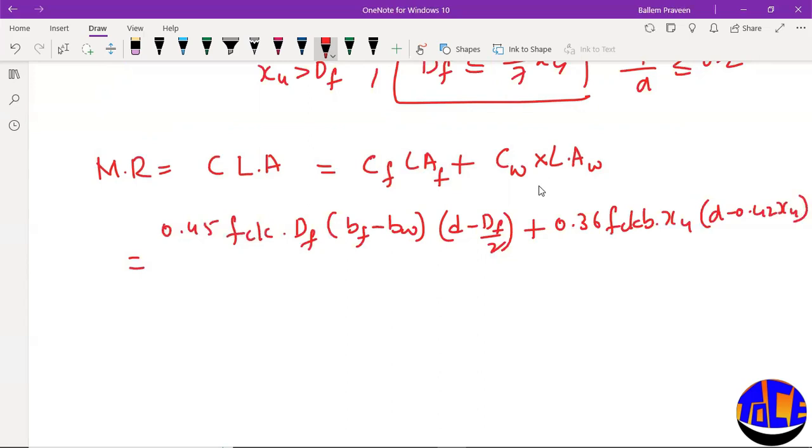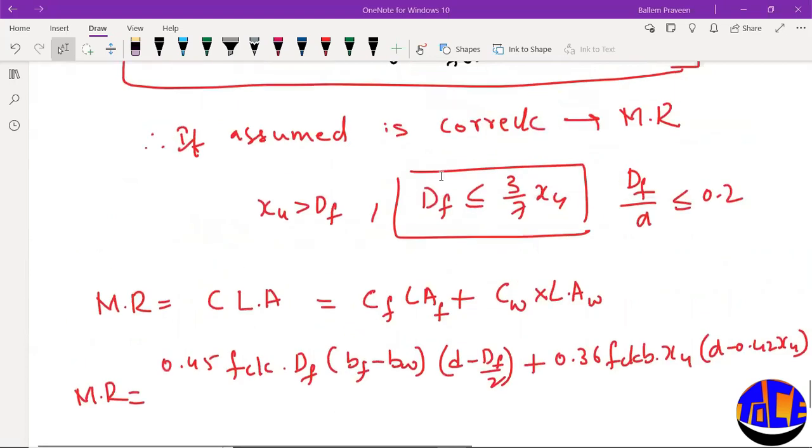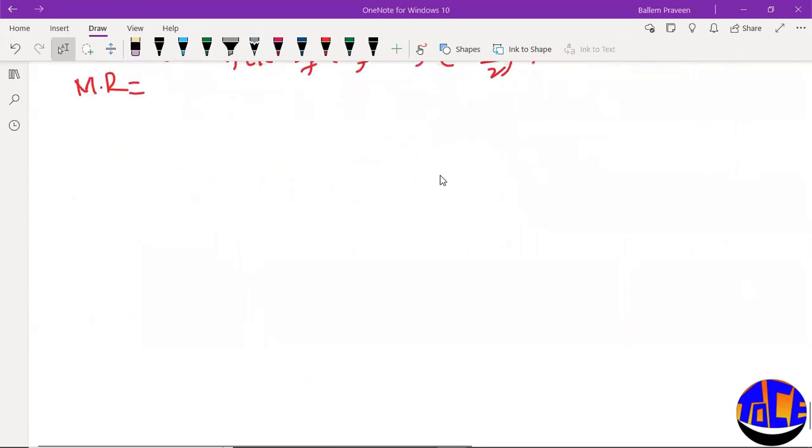Okay, so this is the moment of resistance formula. Using this formula we can find out the moment of resistance if it is case 1. In case the condition you have assumed is not satisfied, then we go for case 2.